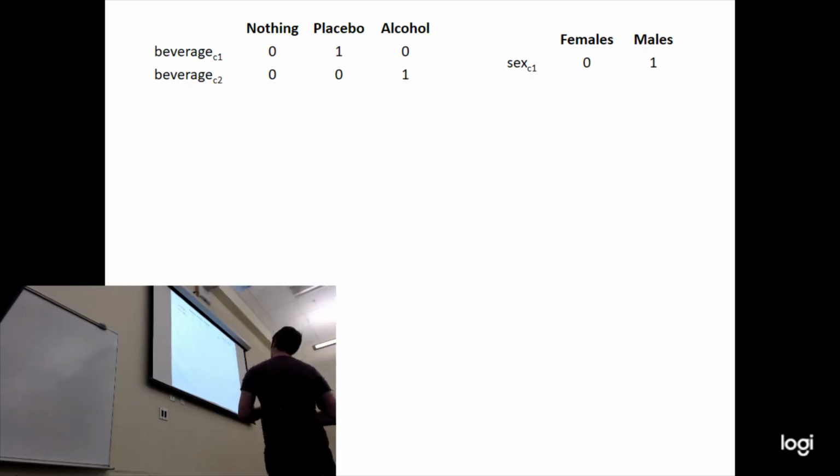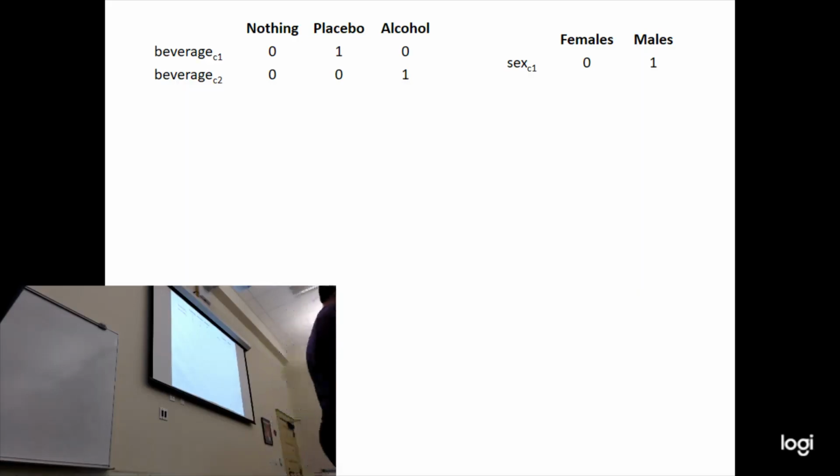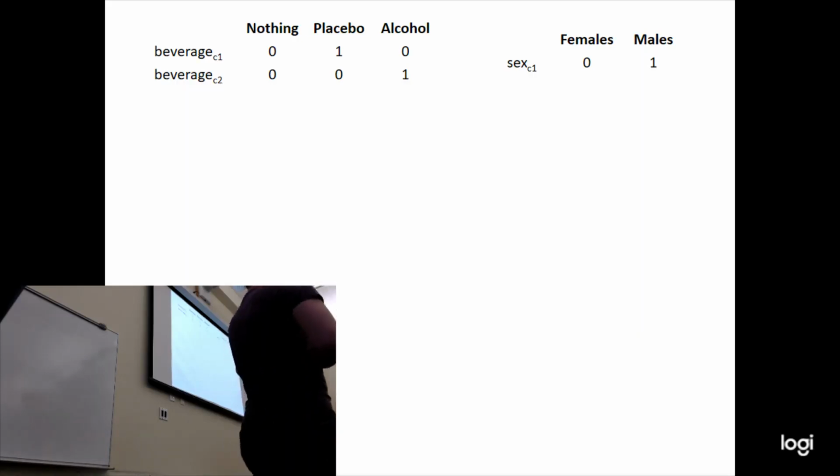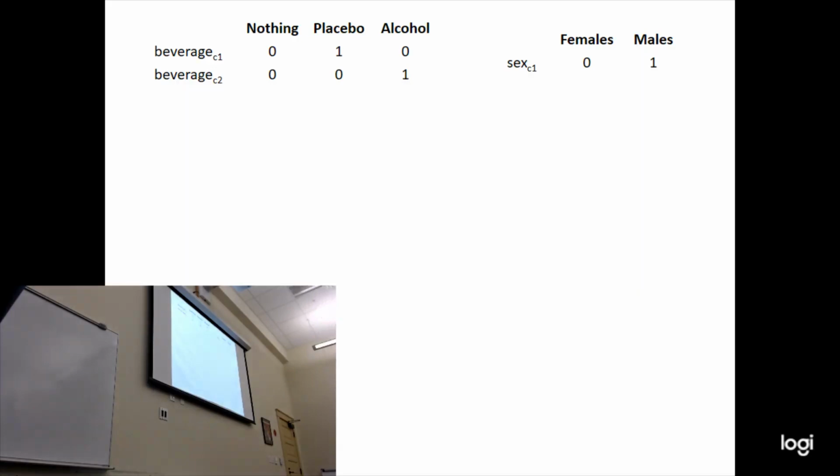So let's say that we're working with 2 variables that are allowed to interact with each other. One of them is coverage condition, coded like so. So the nothing group is the reference group in this example.